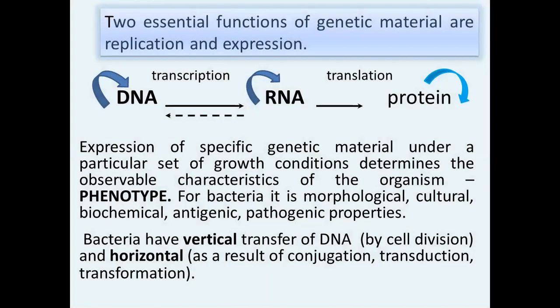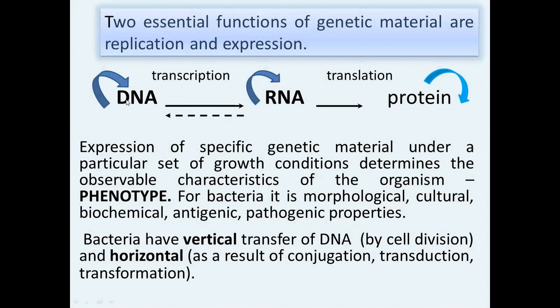What are the two essential functions of genetic material in microorganisms? They are replication and expression. Replication in bacteria occurs at the level of DNA. The information is transmitted from DNA to DNA in the process of its synthesis.